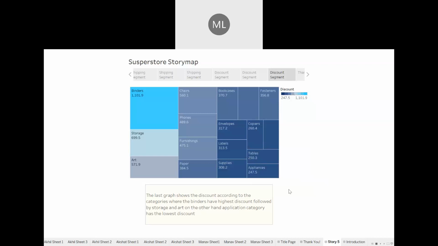From this we can see that for many categories that we don't use in day to day life, more discount is provided, while for the categories used in day to day life, less discount is provided.